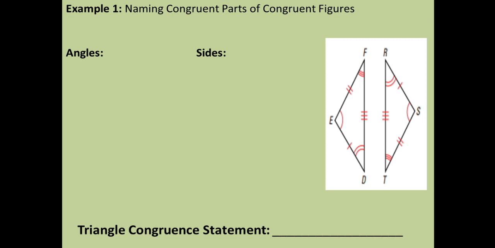For example, he wants you to name congruent parts of congruent figures, angles and sides. Which vertex corresponds to S? It's E. Which vertex corresponds to R?